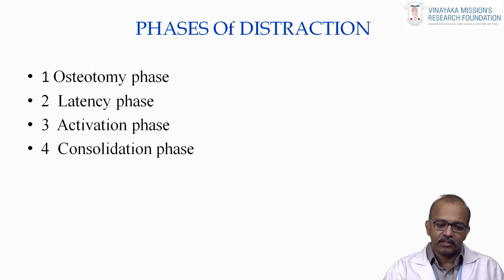That is the latency phase. After 5 days you start activating it at 1 millimeter per day, which can be split as 0.5 mm in the morning and 0.5 mm in the evening. We mark it out and activate it till we achieve the desired position.